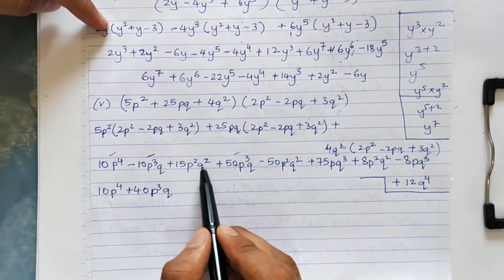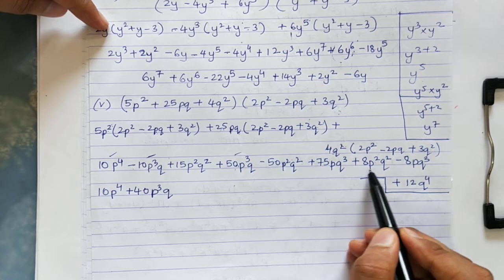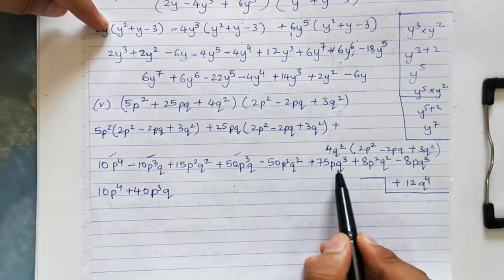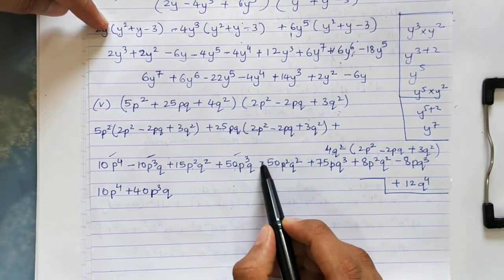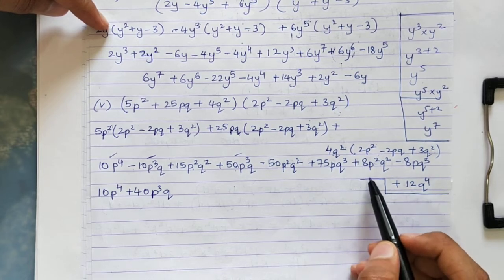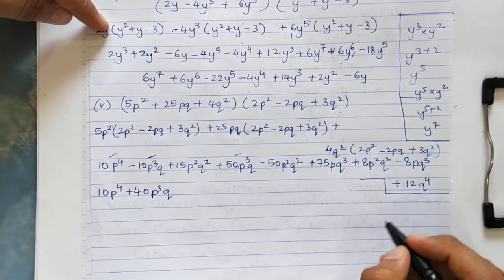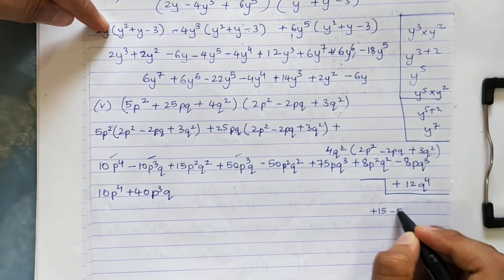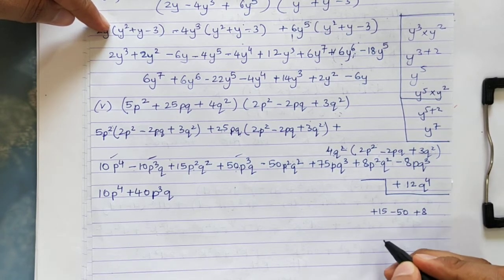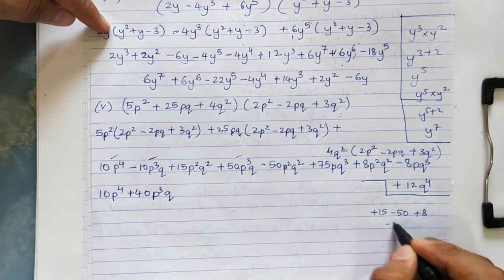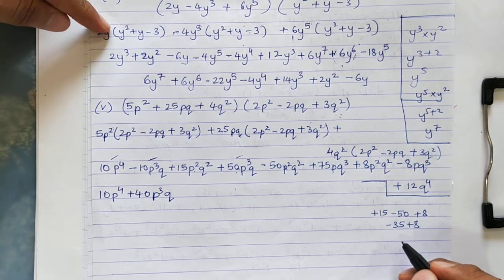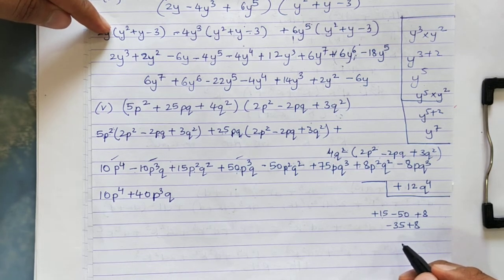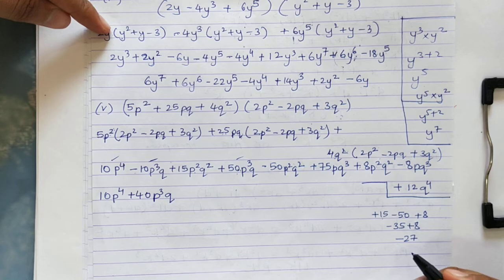Next is p square q square. There are three here and three here: plus 15 minus 50 plus 8. 15 minus 50 is minus 35, plus 8 is minus 27.